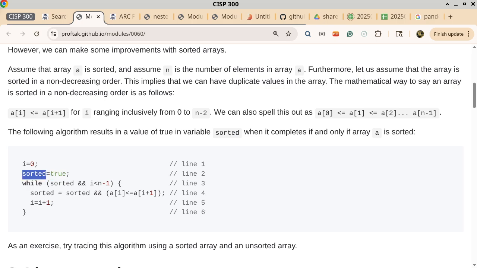The other side is sorted, which is a variable that can store different values, one at a time. In this case, we're just going to change the value of sorted to be true. When we trace this, it'll be kind of obvious that it's not much different compared to what we have already seen.